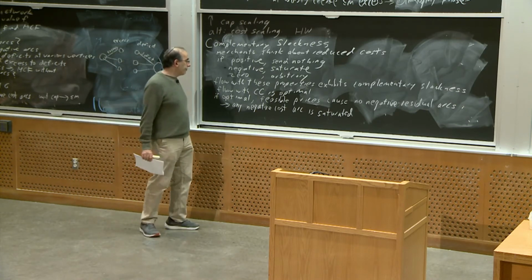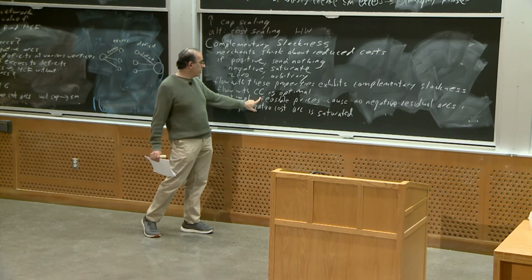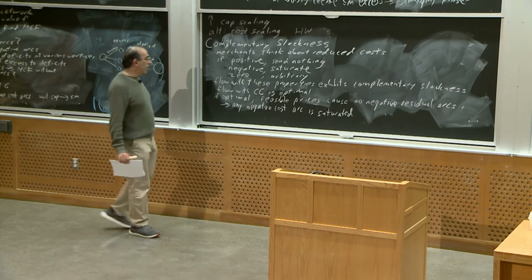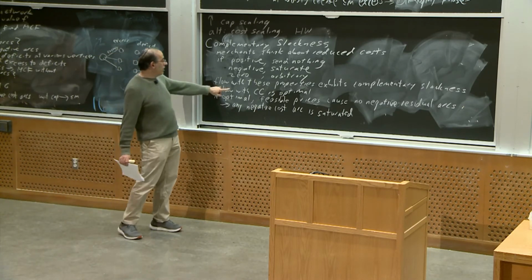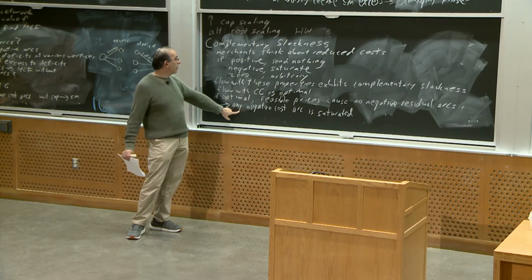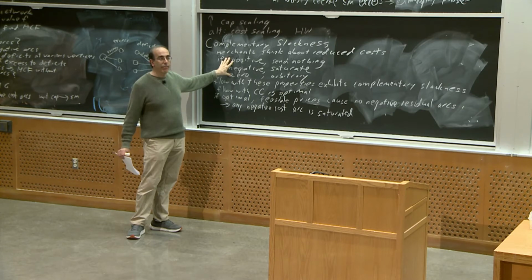So if your flow is optimal, you can use these feasible prices in order to get rid of all of your negative cost arcs. And that means that this price function, together with this flow that you've created, satisfies the complementary slackness conditions. Okay.